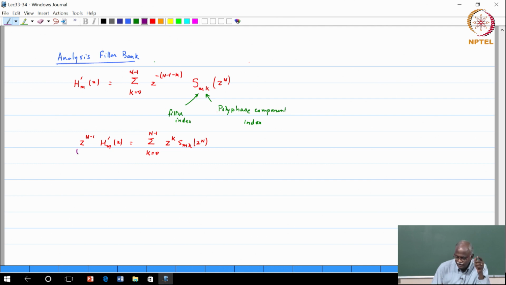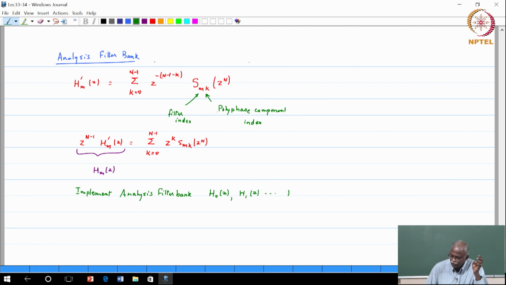I am going to call this my filter h m of z just for ease, basically it is just a shifted version of it, and I will now derive the implementation of the analysis filter bank with the filters h naught of z, h1 of z dot to h m minus 1 of z.